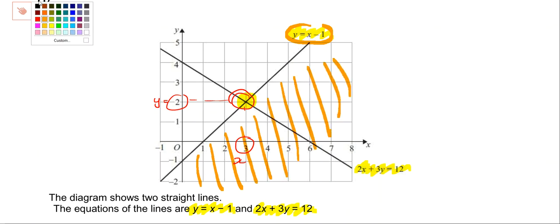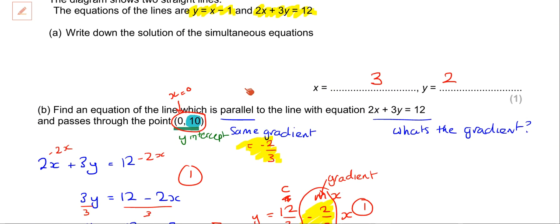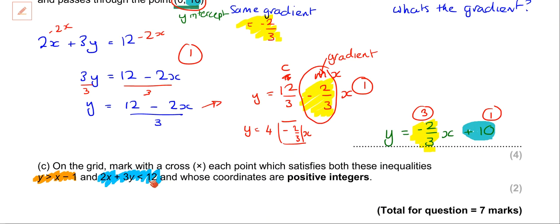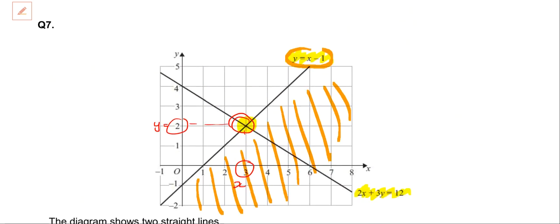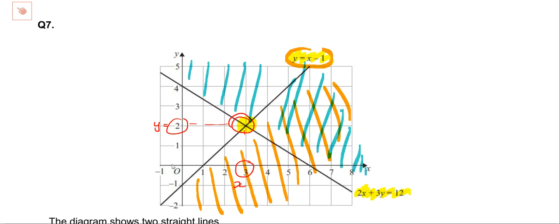And then we were saying that it has to be 2x plus 3y less than 12. Therefore, I've got to go below that line.